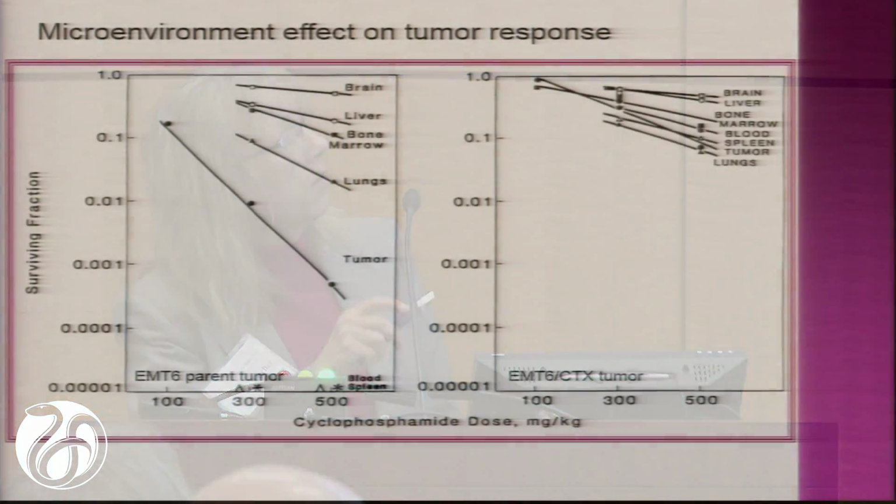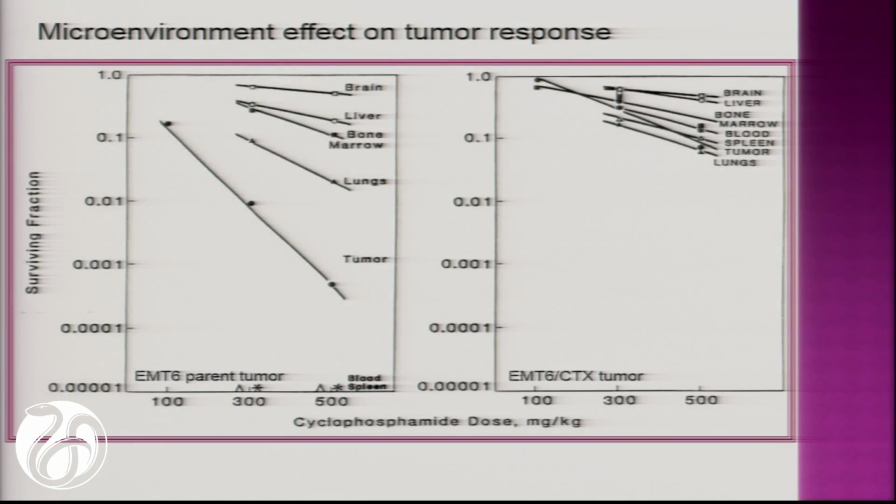Here's an example of a classic anti-cancer agent, cyclophosphamide, just to show what the effect of the microenvironment can be on the tumor cells. In this case, the subcutaneous tumor was grown and allowed to metastasize, produce metastatic disease, and different tissues were collected, and the response of tumors from these different tissues was measured.